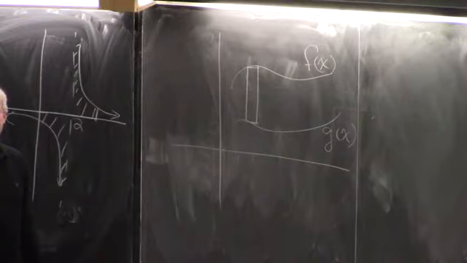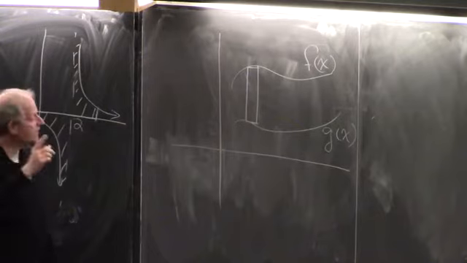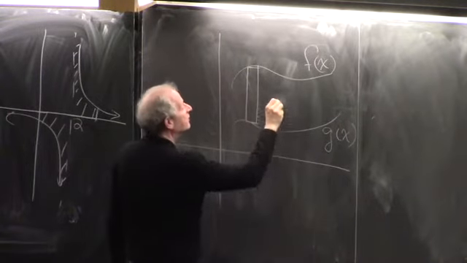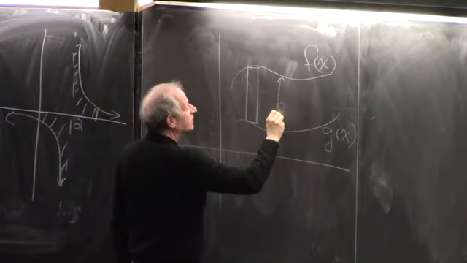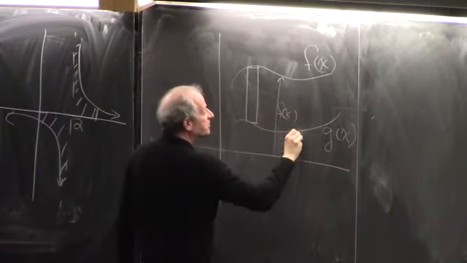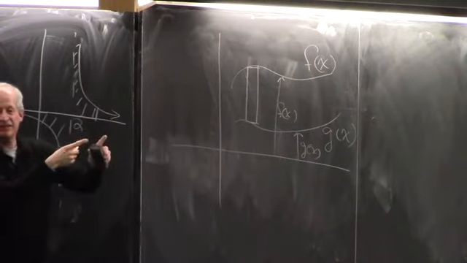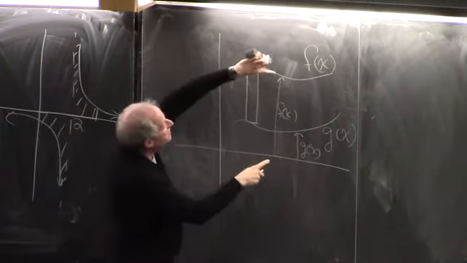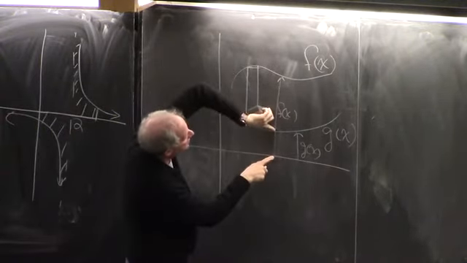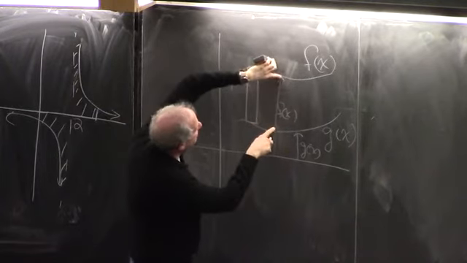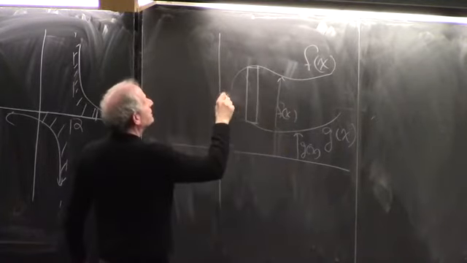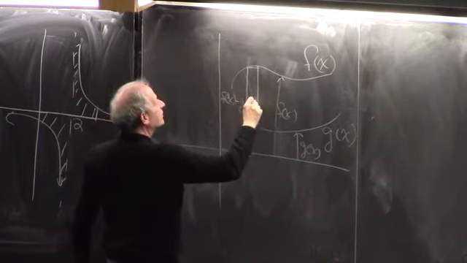That's an excellent answer, but you need a little more. Very good. So this distance is f of x, and this distance is g of x. Pretend they're the same x. So the distance between the two of them is f of x minus g of x.